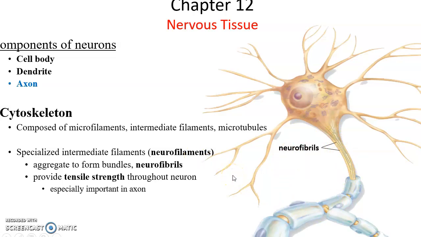And these neurofilaments bundle up into thick protein-dense structures called neurofibrils. They're important because they provide tensile strength for the neuron. They make that extremely long axon strong enough that it is difficult to get damaged. It doesn't just break up on its own.